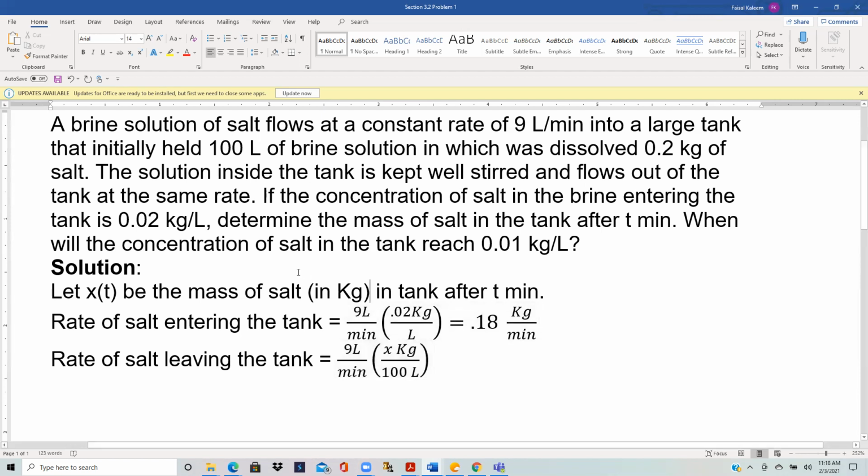At time t, the rate of outflow will be the concentration of salt divided by the 100 liters, because it's the contents of the tank that are flowing out, and the contents of the tank are x kilogram per 100 liters. So once again, the liters will cancel out and you will be left with 9x over 100 kilogram. So the 9 divided by 100 will be 0.09x kilogram per minute.